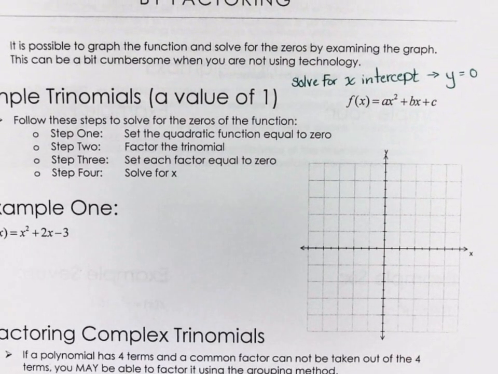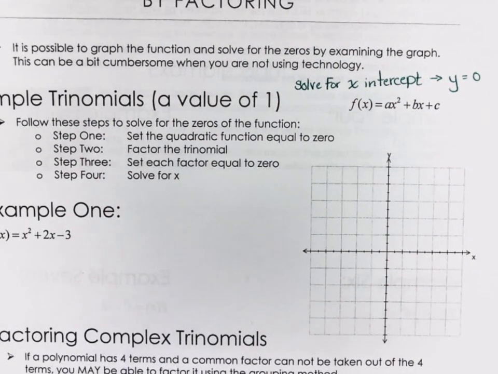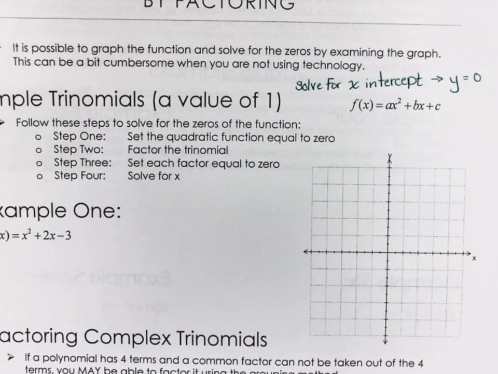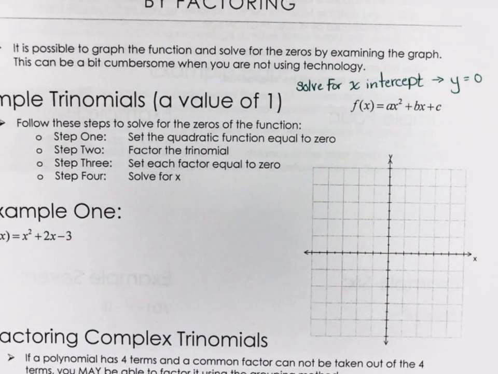So the first thing we're going to do is set our quadratic function equal to 0, because we're looking for the x-intercept, so we know the y value is 0. We're going to factor the trinomial, set each factor equal to 0, and solve for x. And that will be the location of our x-intercepts.